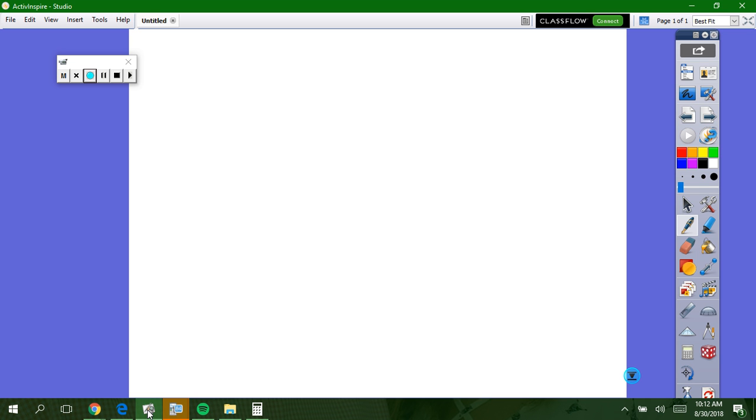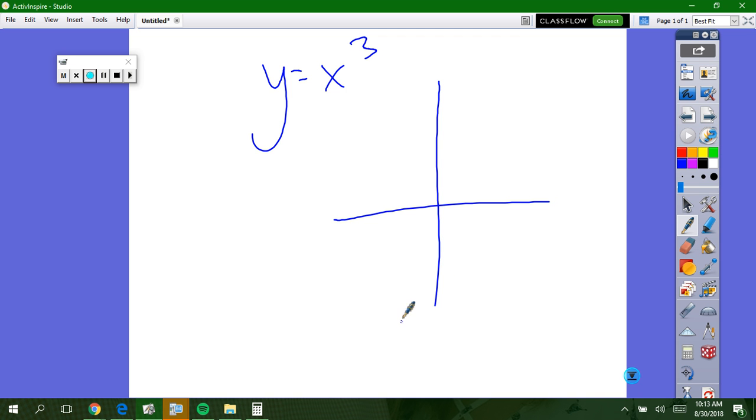All right, so if I started with y equals x cubed, we all should know basically what that parent function looks like. It looks like that. Would you guys agree with me? If I plugged in -1, I get -1. Plug in -2, I get -8.